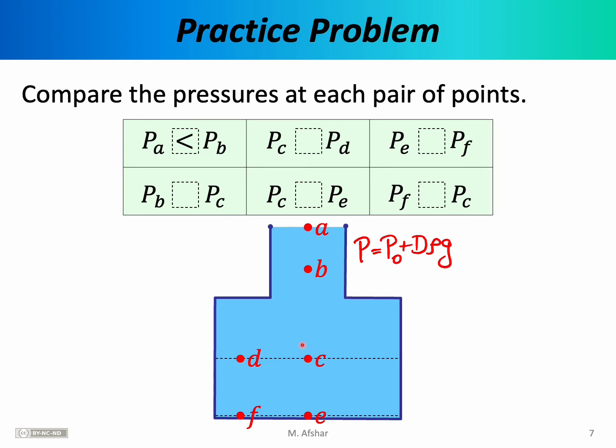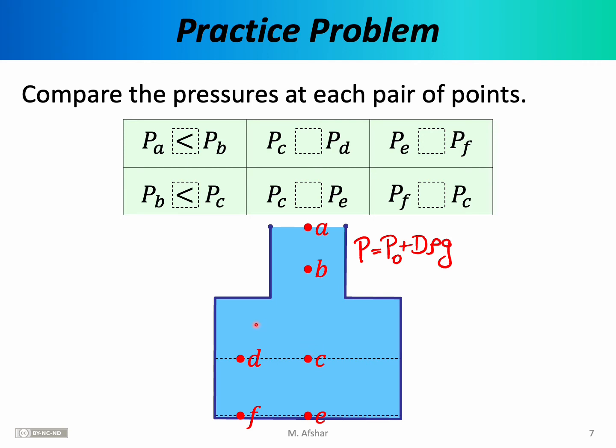Well, once again, we can see that point C is at a greater depth than point B. Depth here is measured as a positive number relative to the surface of the fluid. Since the depth at point C is greater, the pressure at point C must also be greater.